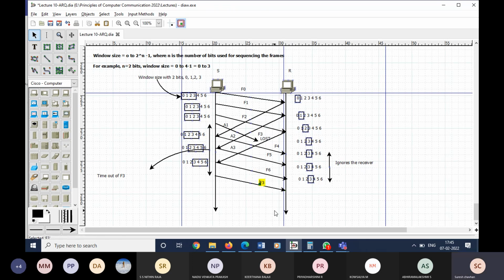This is the F3. Now this receiver window will slide, waiting for F4, right? So this F3 is the retransmission. So I'll write here retransmission.